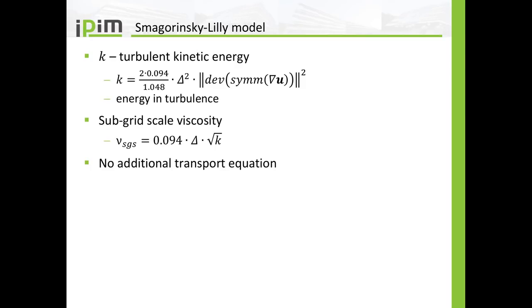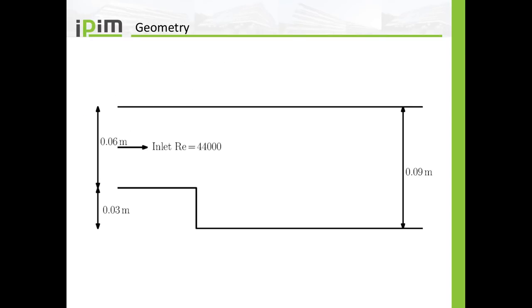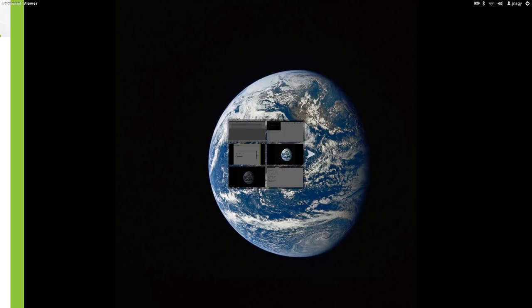So in the Smagorinsky-Lilly model, we don't have to specify a k value in the 0 folder for the initial values and boundary conditions, but in the one equation eddy model, we will have to set a k value. Again, this is what the geometry looks like.